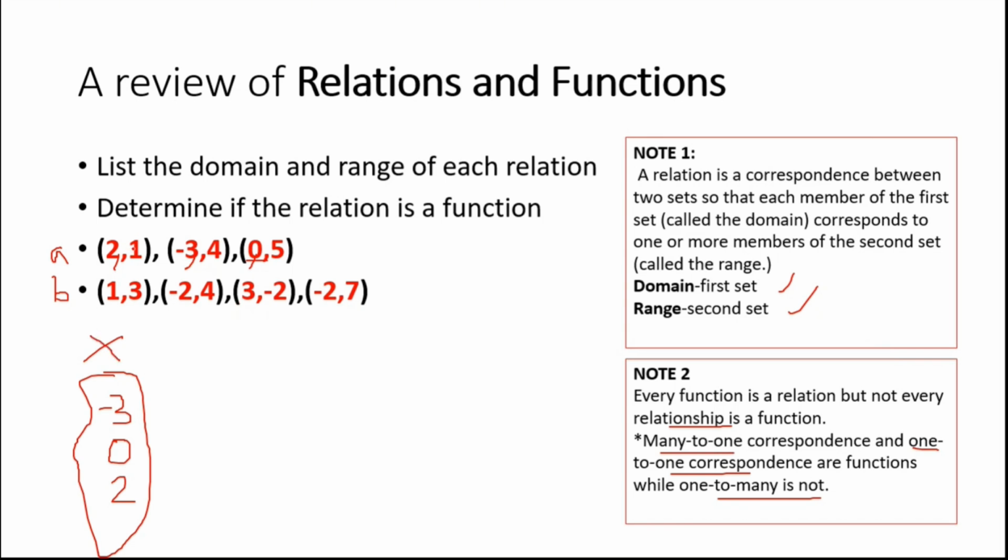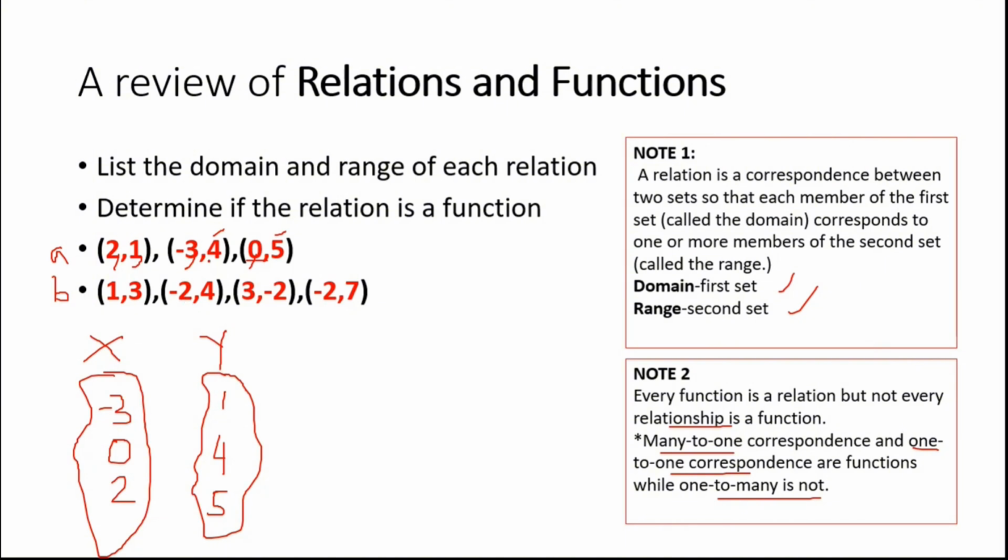Next, let's have the range. We have 1, 4, and then 5, starting with the lowest one. These are the y values. Let's connect the pairing.